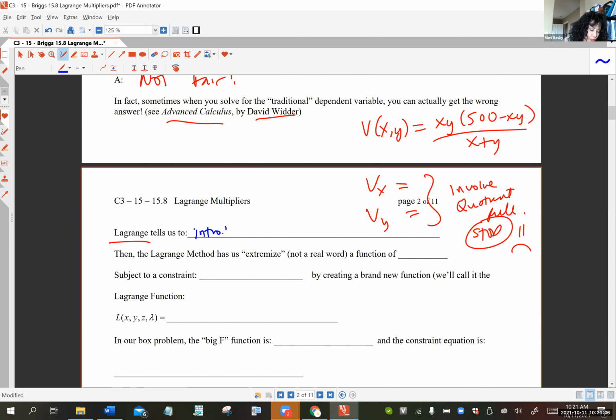We already have 3 variables and we're going to introduce a 4th variable? Yeah. Another one. And this variable is known as lambda, and that's a Greek letter. So you may want to try to draw it appropriately. That's lambda, Greek letter. And this is known as the Lagrange multiplier. This lambda.